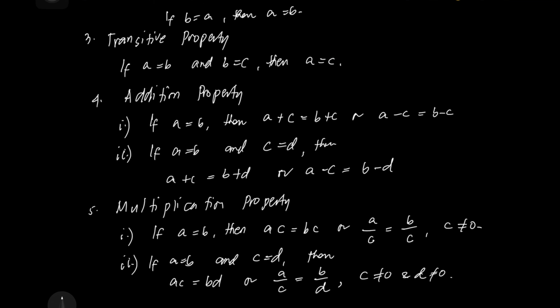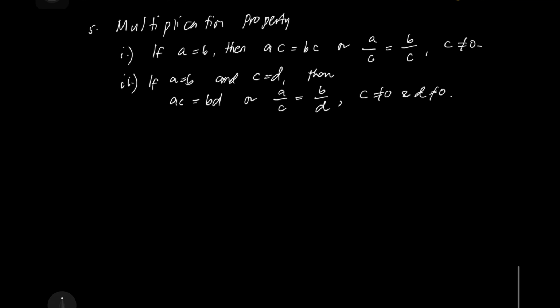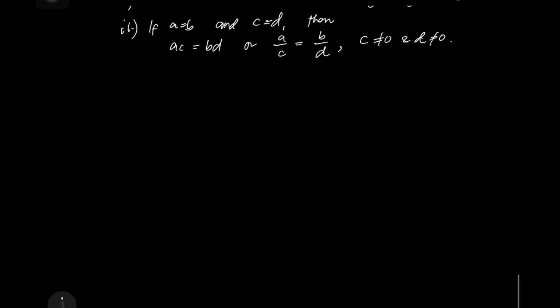So these are very important properties to remember in solving equations. First, we will solve linear equations in one variable. Our first topic would be solving linear equations in one variable.